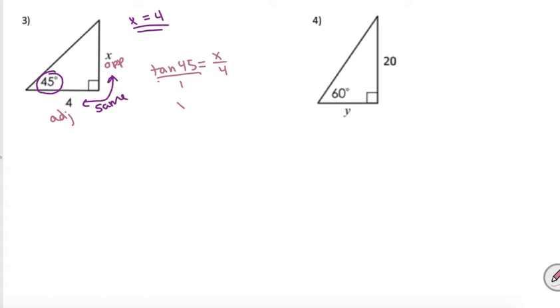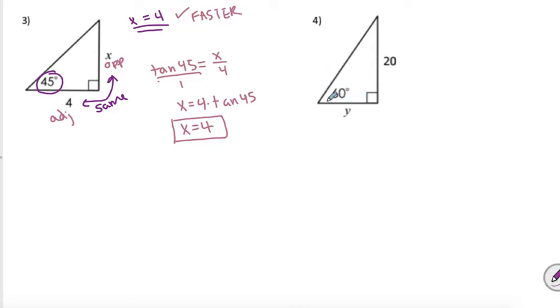Cross multiply, we get x equals 4 times tangent of 45. And on our calculator, that gets us 4. Same thing we got with our special rights. This is meant to be faster. This always works. So if we're quick at this, it really doesn't slow us down that much.